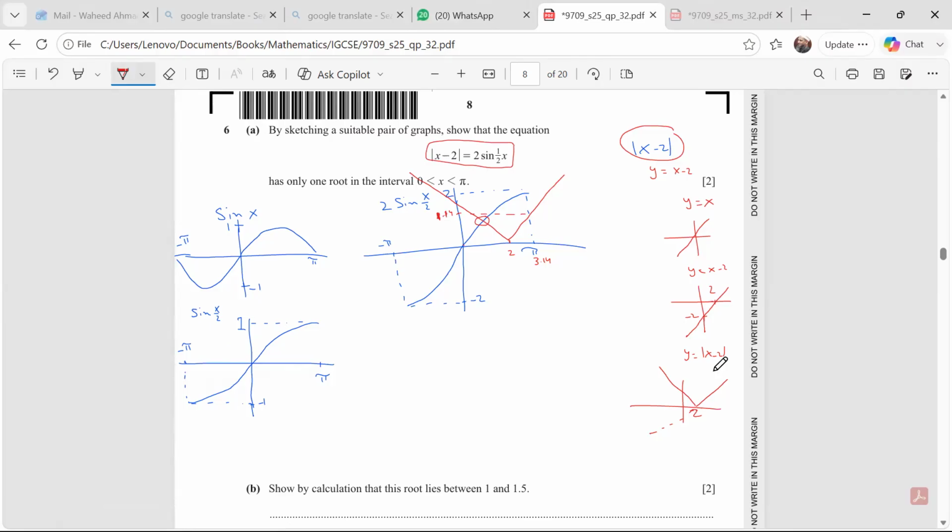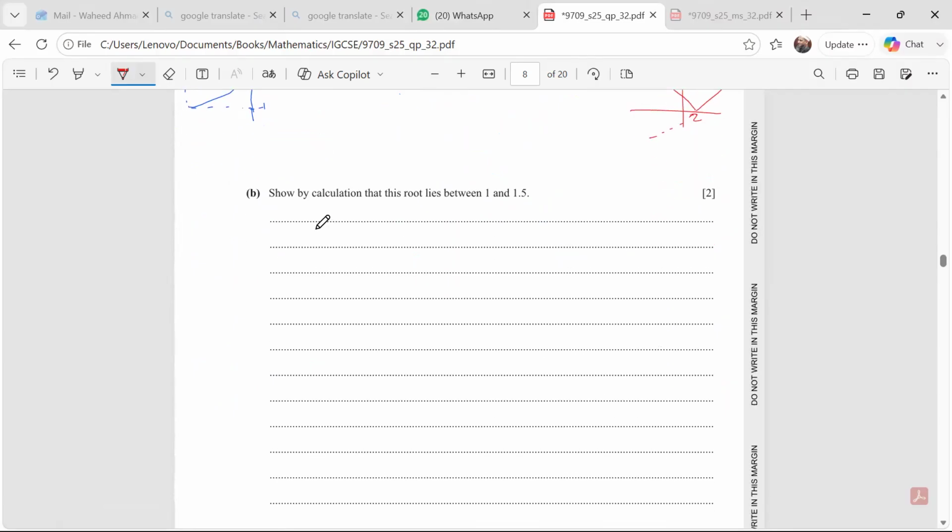I hope it's clear. Now, show by calculation that this root lies between 1 and 1.5. Remember we have this graph for y equal to the absolute value of x minus 2. This portion is y equal to x minus 2, but this portion is y equal to negative of x minus 2, or I can say this is equal to 2 minus x.